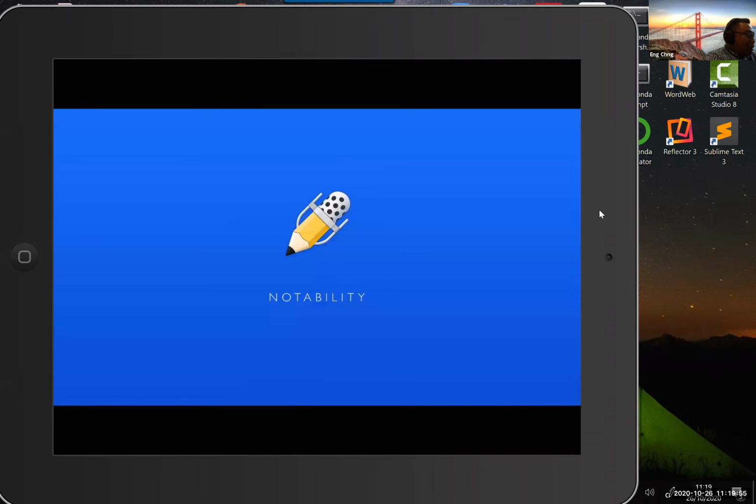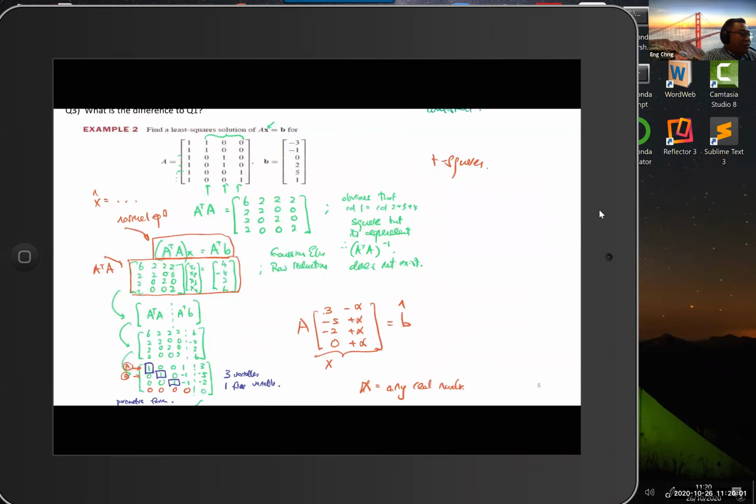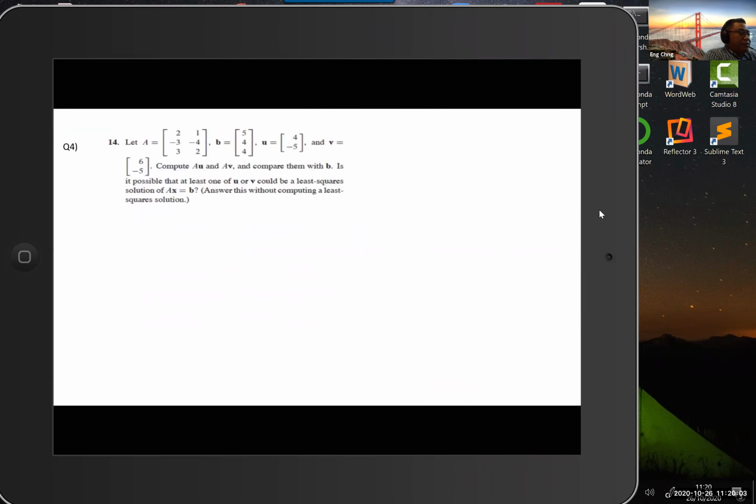Now, so let's come back to the question proper. In the question, I'm given A, I'm given B, and I'm given U and V such that AU equals something and AV equals something, which is, for example, B being approximated by U, B being approximated by V. So the question is, is it a least square solution?